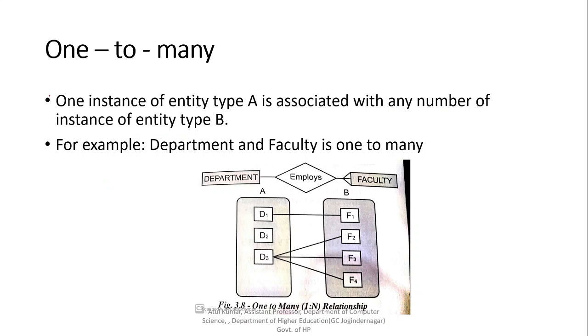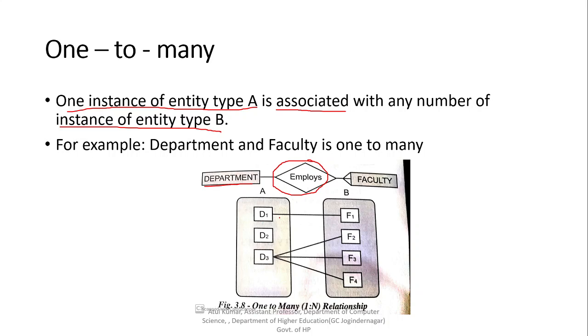And next is one to many. In case of one to many, one instance of entity type A is associated with many, or any number, of instances of entity type B. As an example, we have two entities, one is department and the other is faculty, and the relationship between these two is employees.